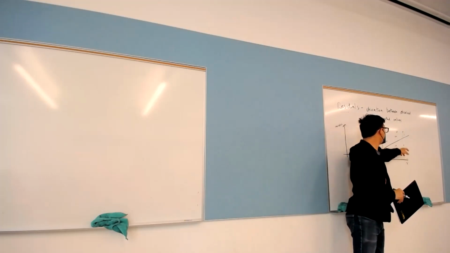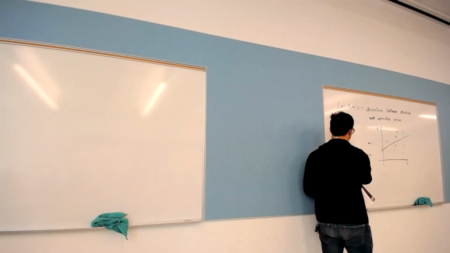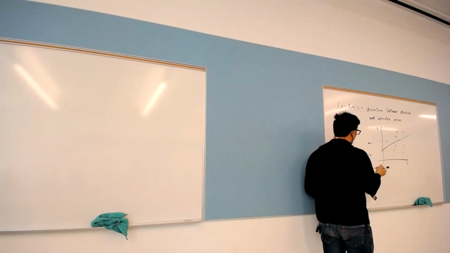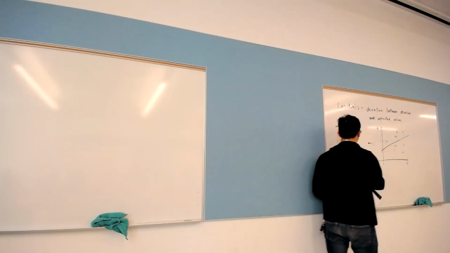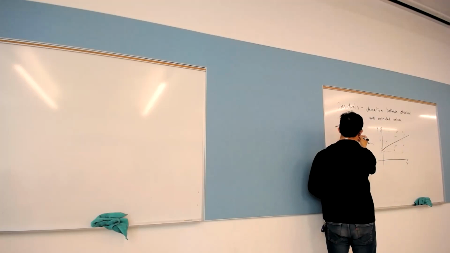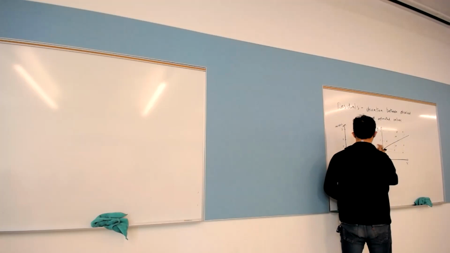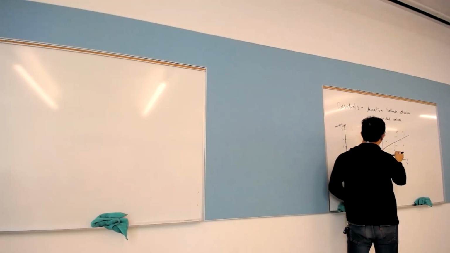So this is size 2. So we'll do 2, 1.5. So A would be here. B is at 1.5, so we'll say right around here. C is at 1 here.